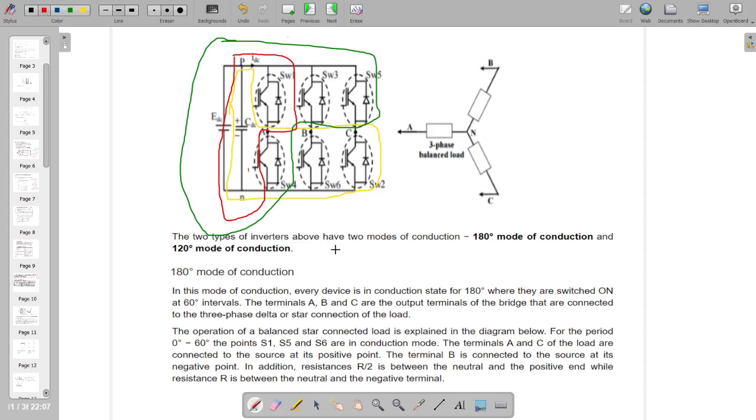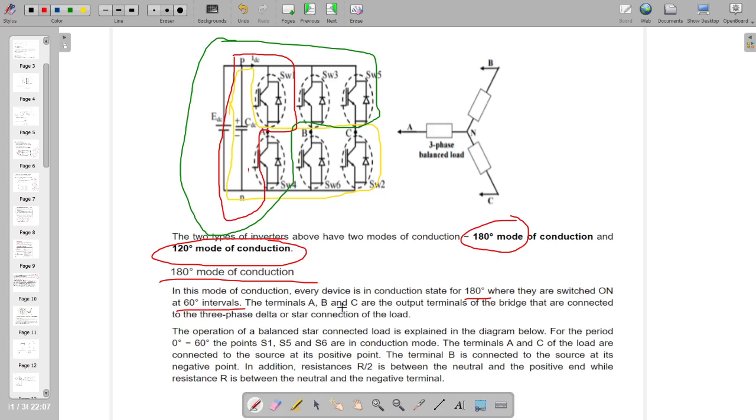The inverter above has two modes: the 180-degree mode of conduction and the 120-degree mode of conduction. In 180-degree mode conduction, every device conducts for 180 degrees, and the devices are switched on at intervals of 60 degrees.